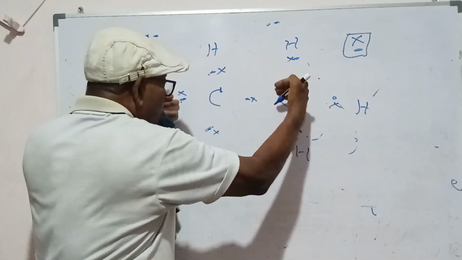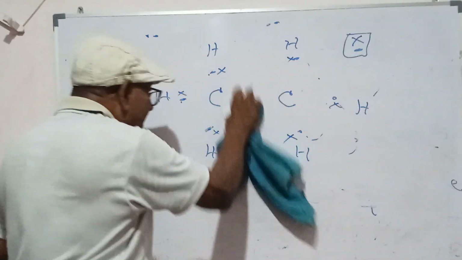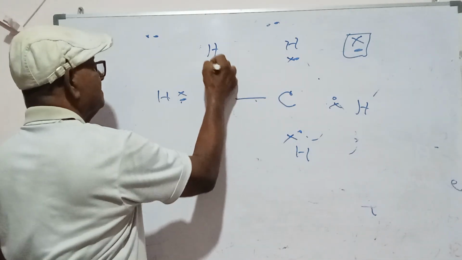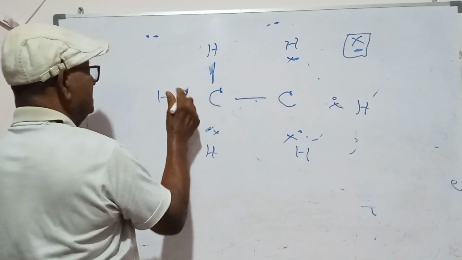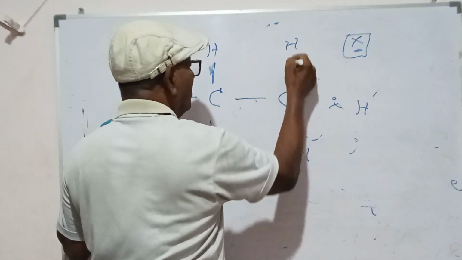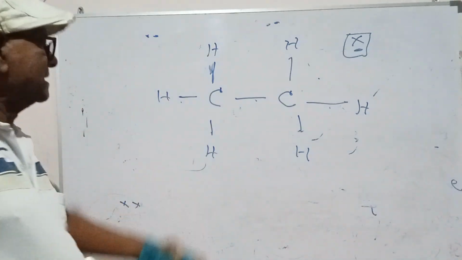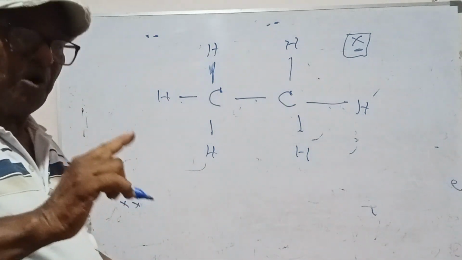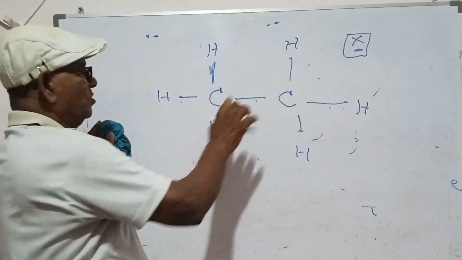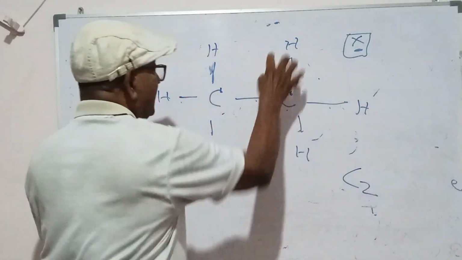First of all, the two carbon atoms get bonded with the covalent bond, right? Then, if we represent by lines, these are the lines of covalent bonds. So this is the structure of the molecule formed by two carbon atoms with hydrogen. So the formula becomes C2H6.